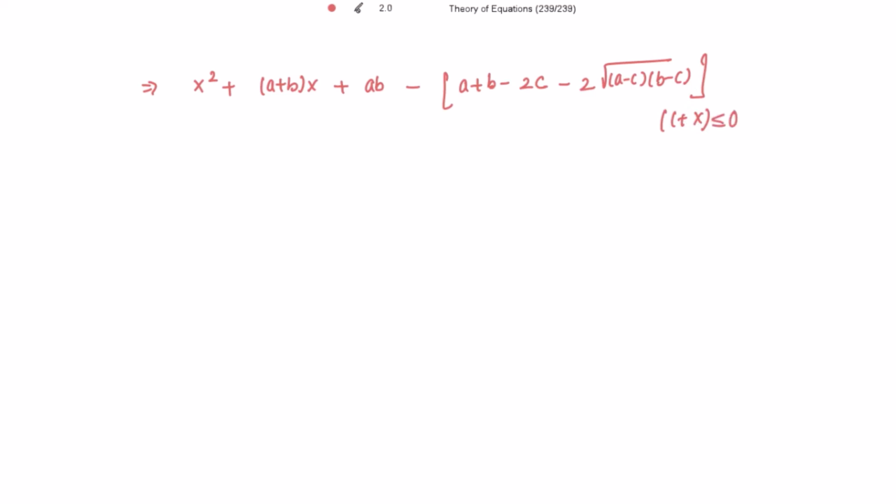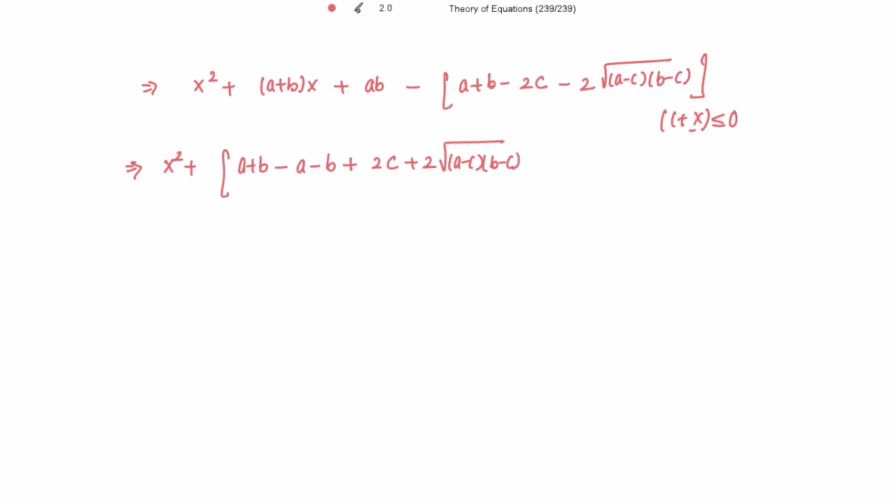So this implies x² plus, writing the coefficient of x, that is a + b − a − b + 2c + 2√((a − c)(b − c)).